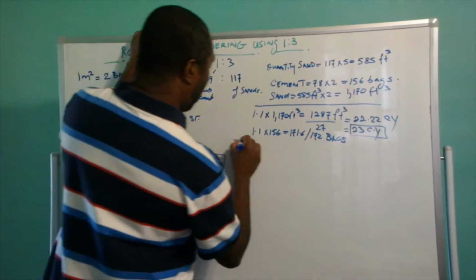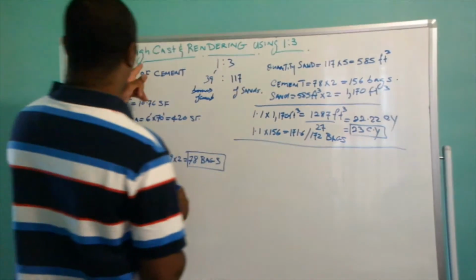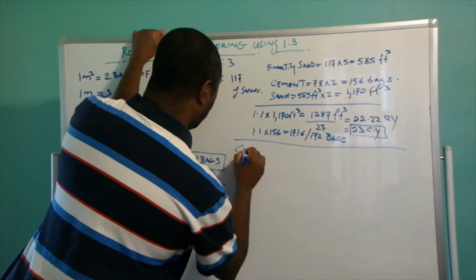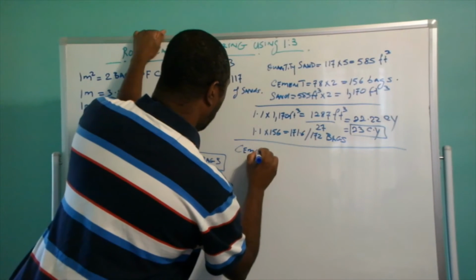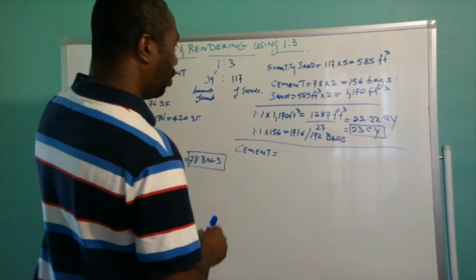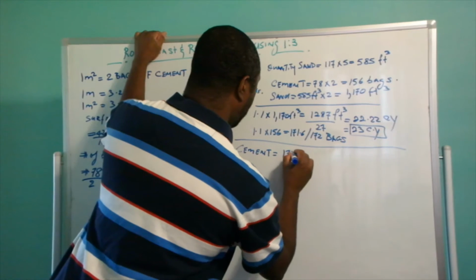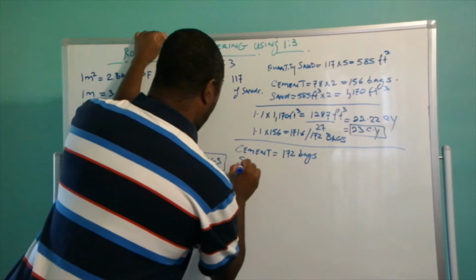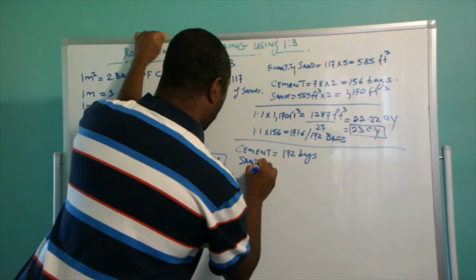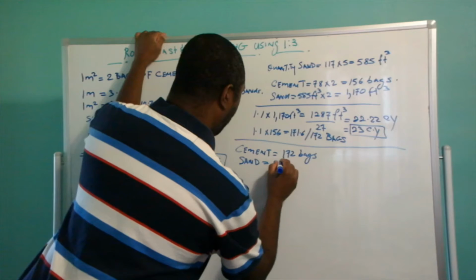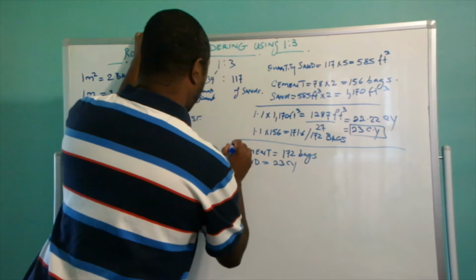So our material quantity for the rough cast is going to be, for the cement, 172 bags, and for our sand, it is going to work out to be 23 cubic yards.